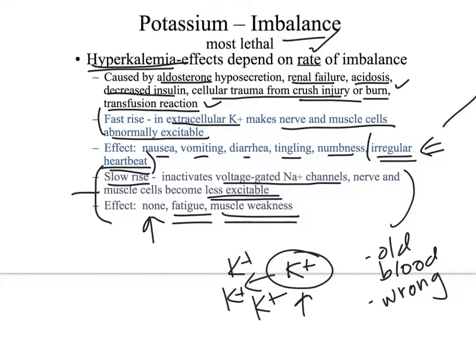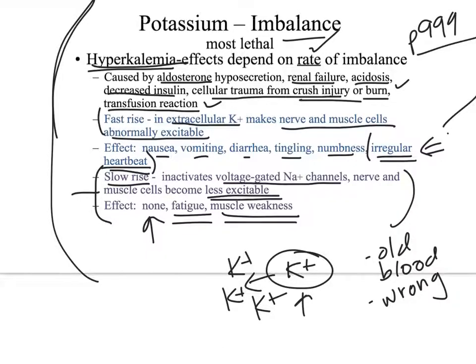This is not deadly like the fast rise. I think this explains it better than that last slide I tried to show you. Page 999 has a table that summarizes everything.